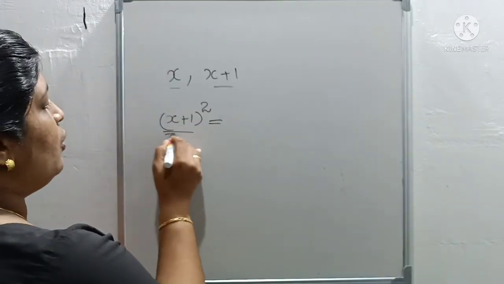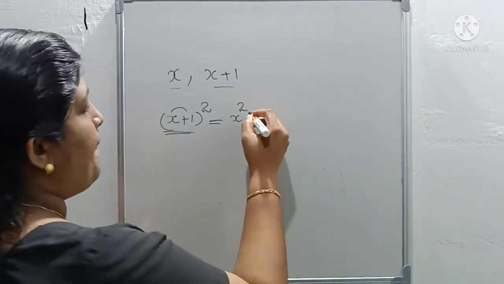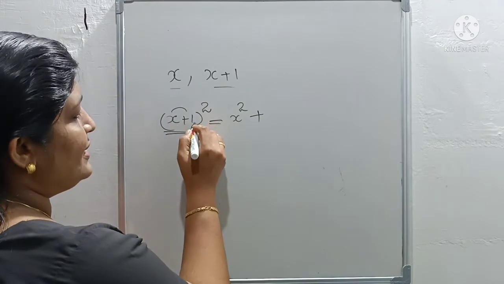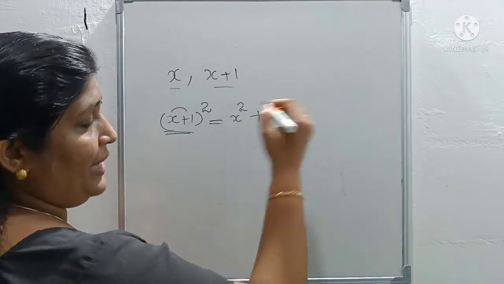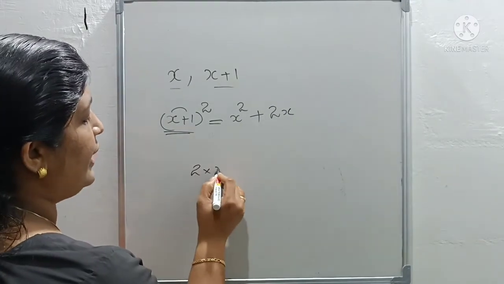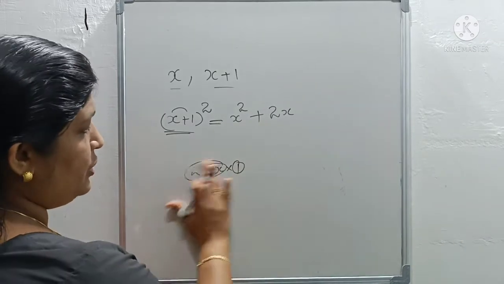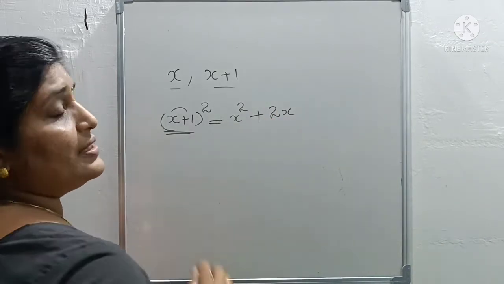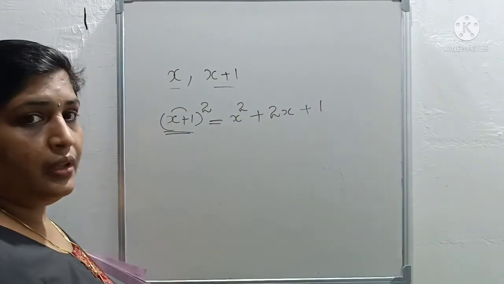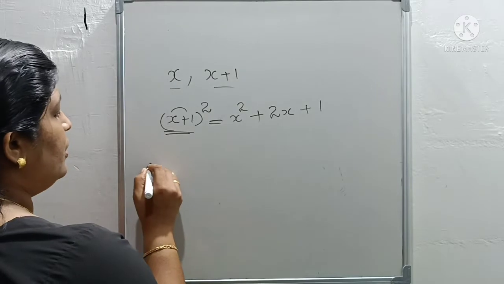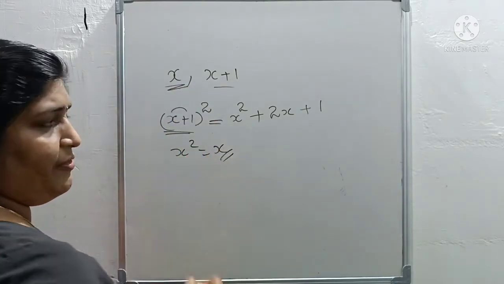It is the first term square, that is x square, plus 2 into x into 1, which is 2x, plus 1 square, which is 1. And the square of x is x square itself.